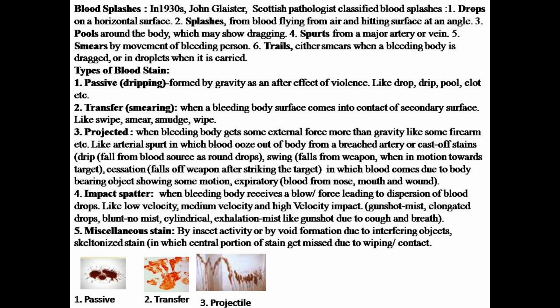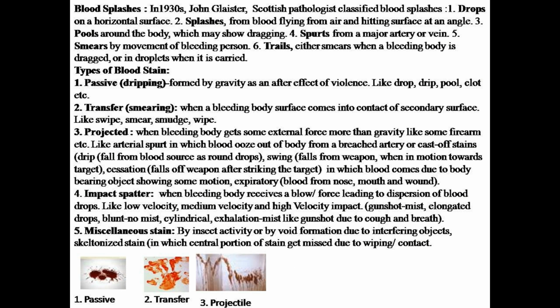Then spurts, which might have come from a major artery or vein. Next is smears, which may be due to the movement of the bleeding person. Then trails, which might have occurred due to dragging, or by some means the droplets have been carried to some other place. So these are the 6 different types, but there are mainly 3 different types of blood patterns which we will discuss.